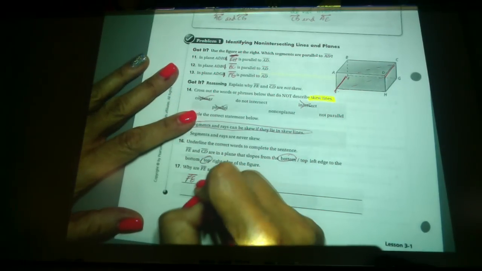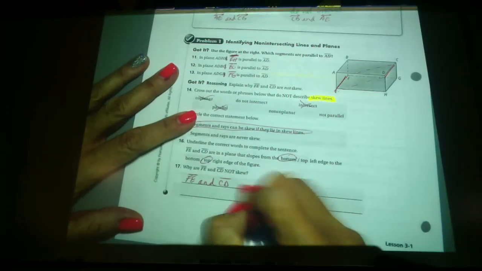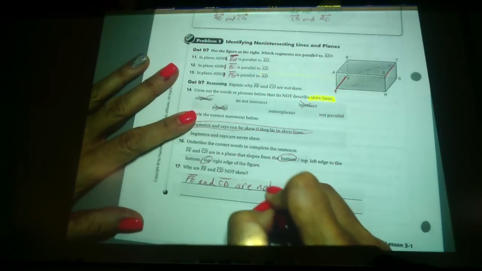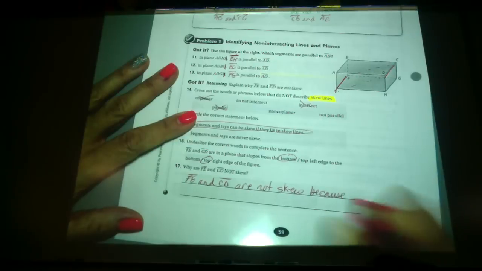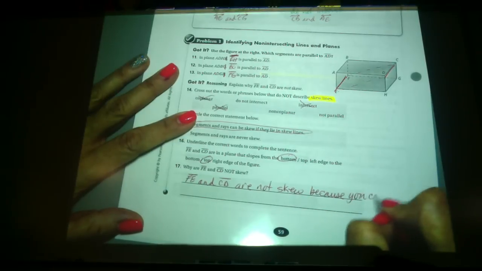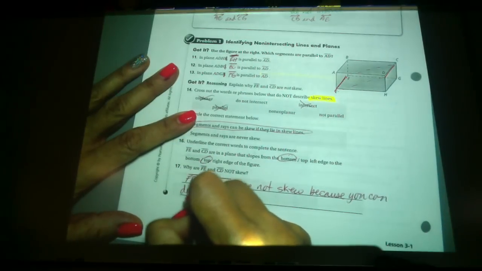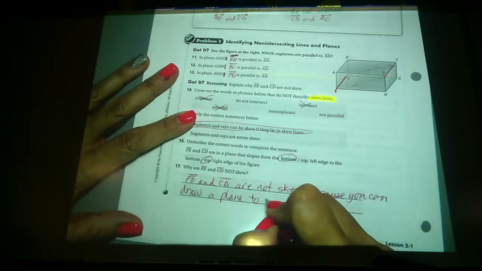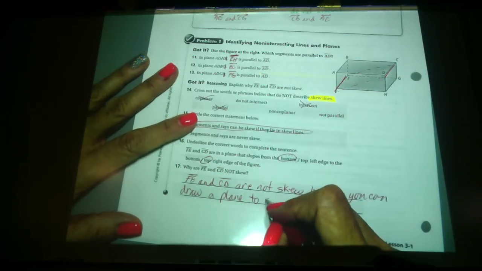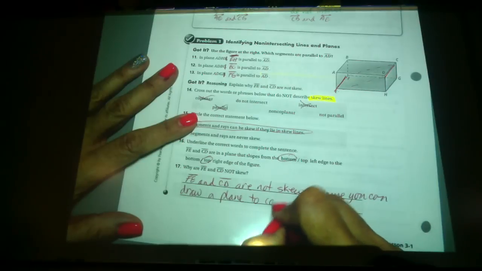FE and CD are not skew because you can draw a plane to contain them, or however you want to say that.